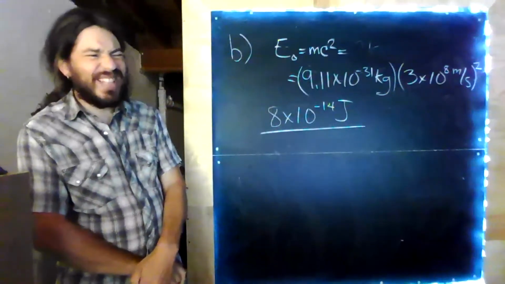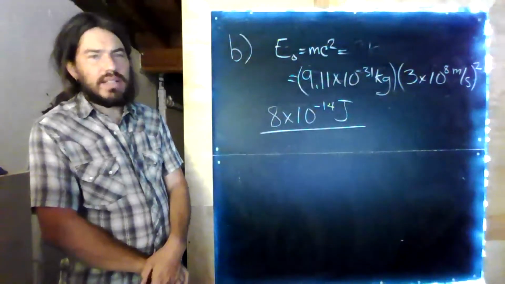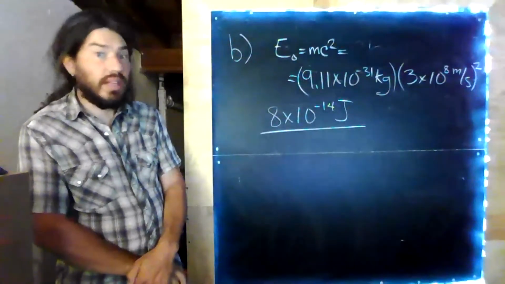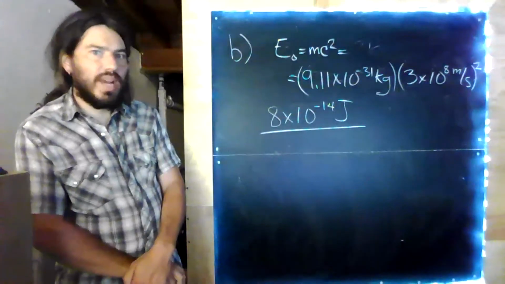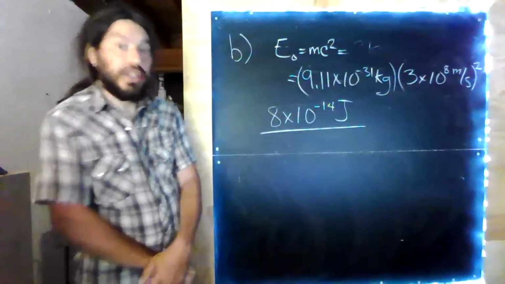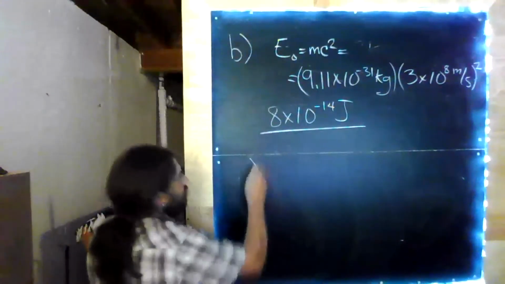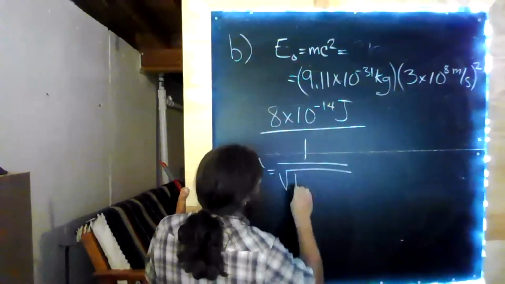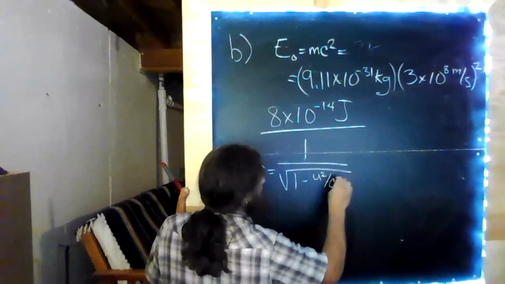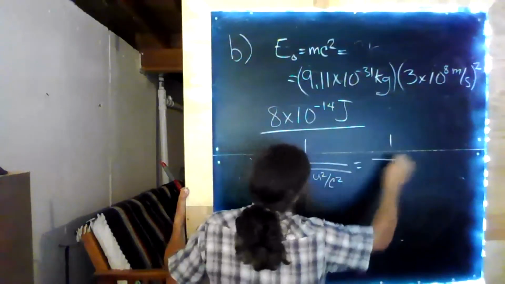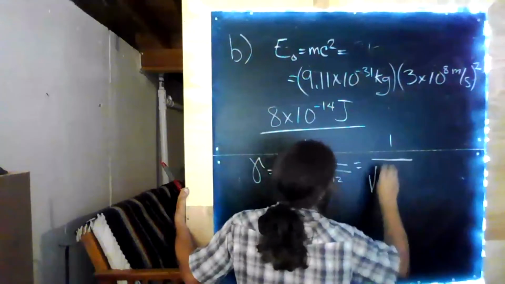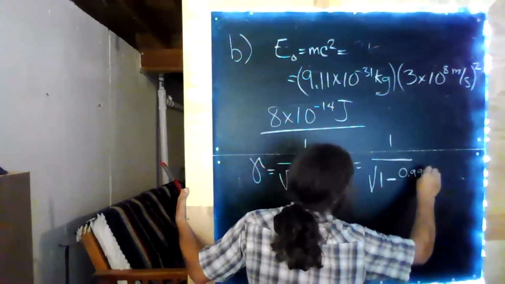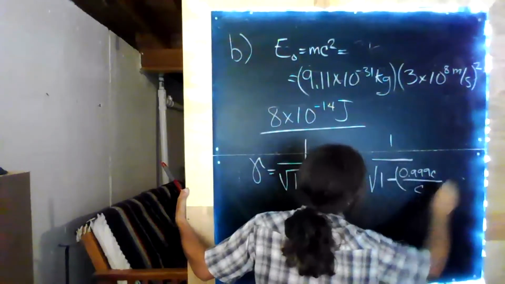That's interesting. How about its kinetic energy? First of all, let's calculate gamma and see if this is a relativistic particle or if we can get away with a classical calculation. So gamma is going to be 1 over the square root of 1 minus u squared over c squared, and we're at 0.999 c.